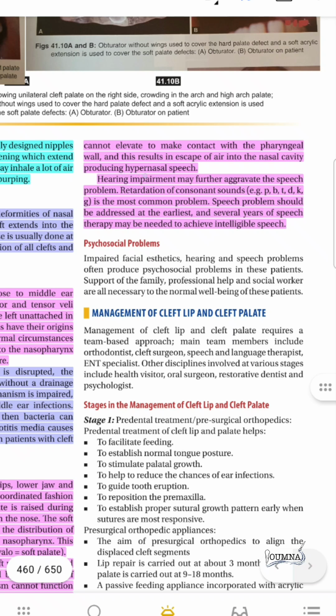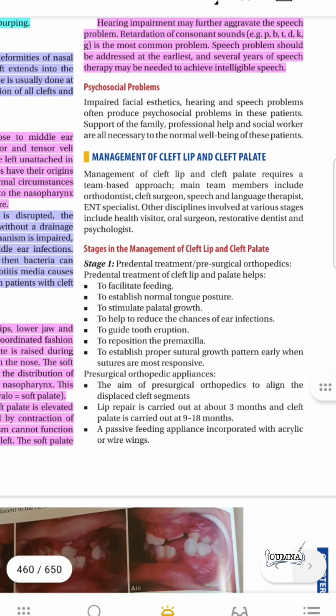Also, when there is a hearing impairment, it will further aggravate the speech problem. It needs several years of speech therapy to achieve an appropriate speech mechanism.